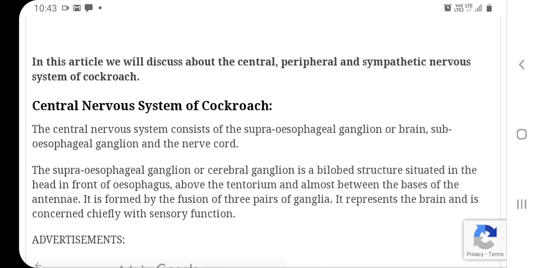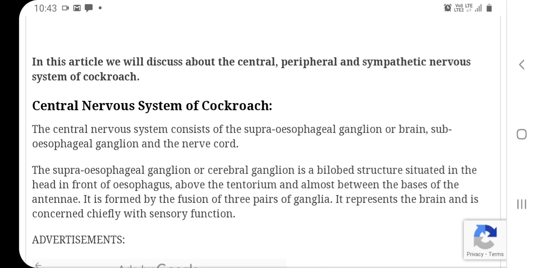The central nervous system comprises of the brain and the ventral double nerve cord. Peripheral nervous system comprises of the nerves arising or originating from the ganglia of the central nervous system.